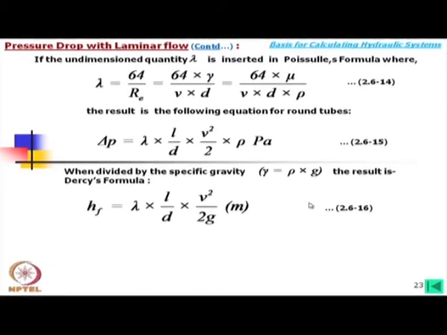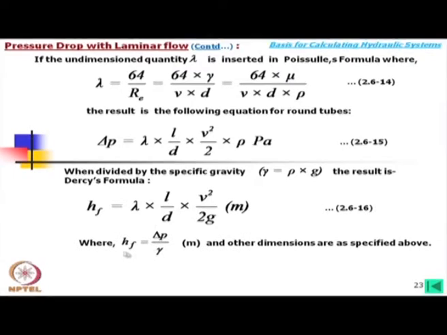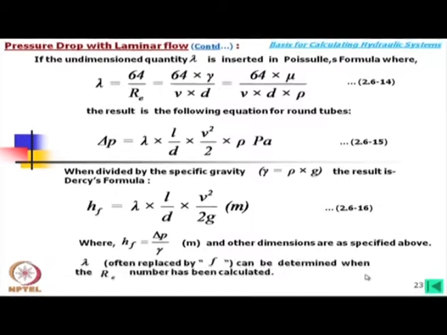Now, when divided by the specific gravity, the result is another famous formula developed by the scientist Darcy, and he expressed this as HF, where HF is delta P by gamma, expressed in meters, and other dimensions as they are.